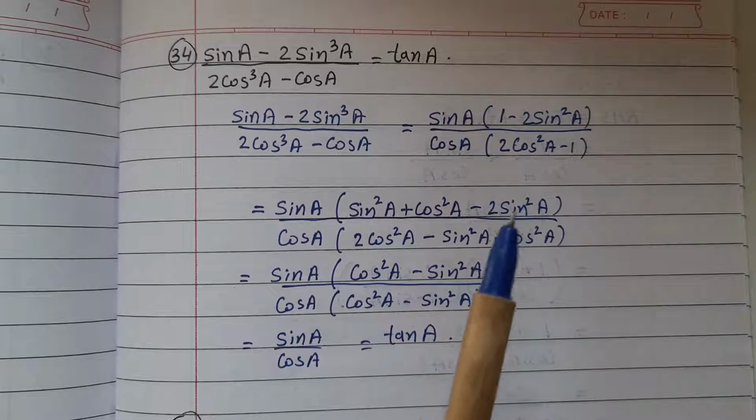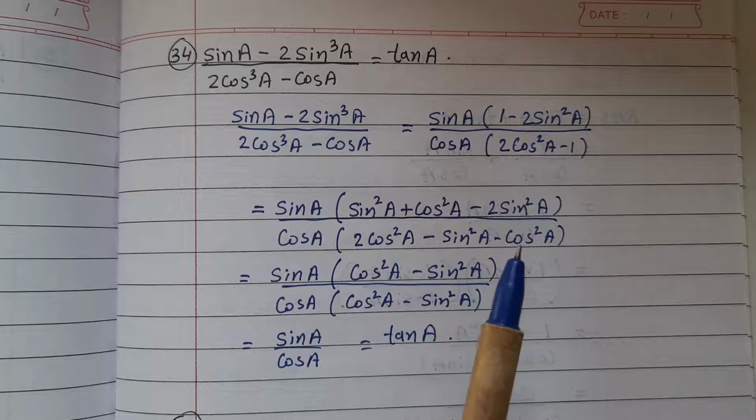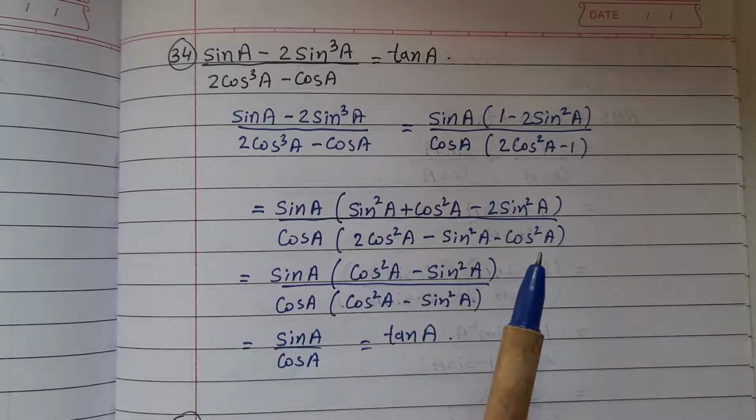When we open the bracket, we get minus sin square A minus cos square A.